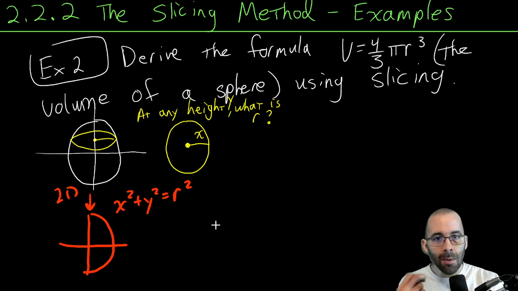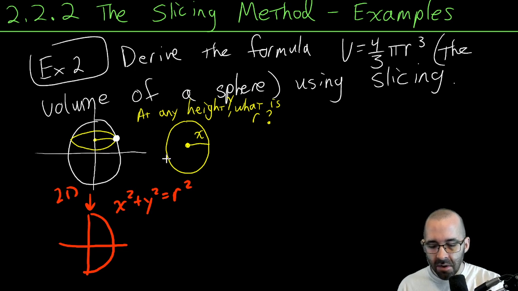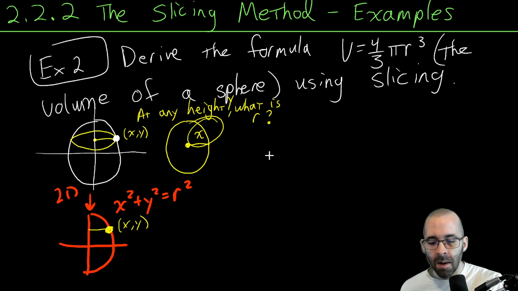The height is just that y coordinate. If we think about this in 2 dimensions, this is just the coordinates x comma y. Again, which in 2 dimensions looks like this. Coordinate x comma y. And really, we just care about that x.